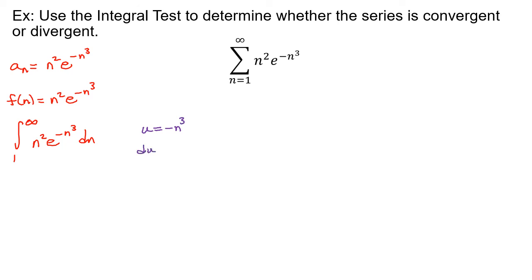That way du becomes negative 3n squared dn: pull the power down, subtract 1 from the power. I have the n squared, I just have to put a 3 in front and a 1/3 out in front of that, and then I have 3n squared du. These two together become my dn, become my du.